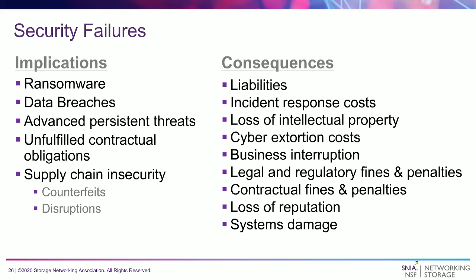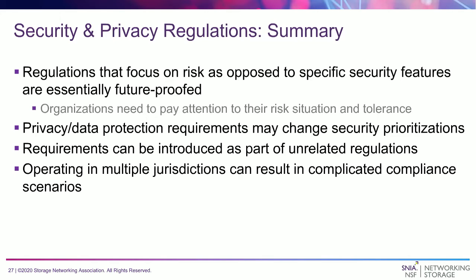And what are the consequences of these specific implications of poor security? Those consequences are many, but we list a few here, things like liabilities, incident response costs, legal issues, business disruption, which actually could lead to a loss of reputation and damage to your company and your systems.